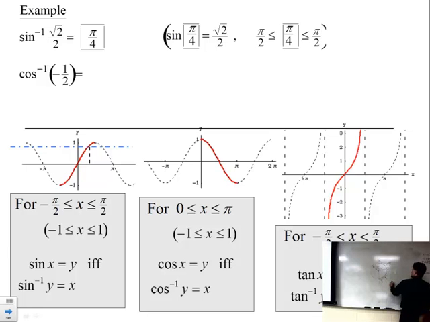This is for sine inverse and for tangent inverse. So you've got another one here. This is what you will get for cosine inverse. It's going to be between 0 and pi.